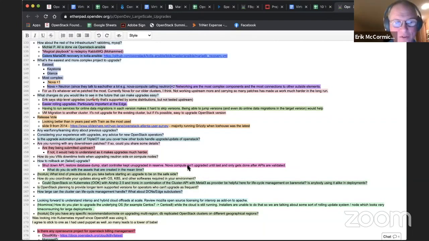I guess my most recent one was when I went from Queens to Rocky. I recently started running Octavia, in particular as part of heat stacks for OpenShift clusters. I'm still learning things about Octavia, but basically you have to build your own image for your load balancers, your HA proxy instances, using disk image builder, and then add the UUID to the configuration so it knows what to spawn.